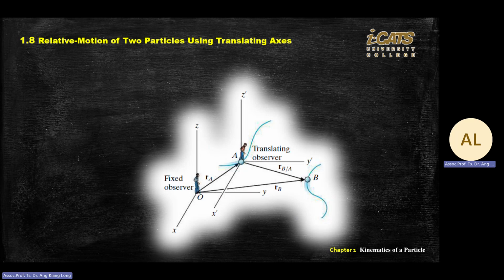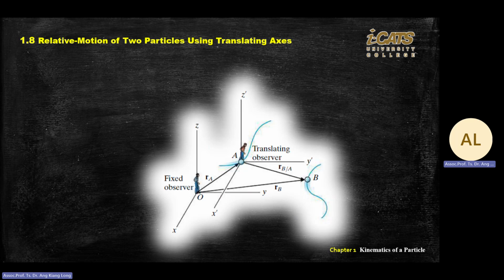So you draw the arrow from O pointing to A, and then you write R_A. R sub A means from the fixed position looking to A. Then from the fixed position also to the other object, you draw an arrow from O to object B, with the arrow pointing to B, and you label it as R_B.